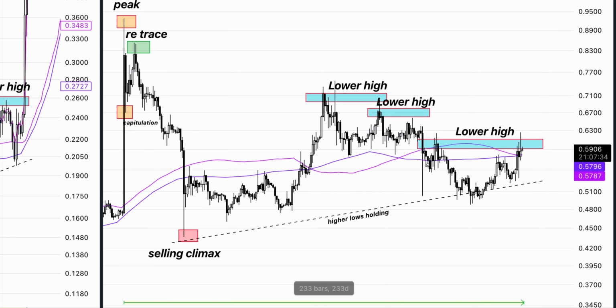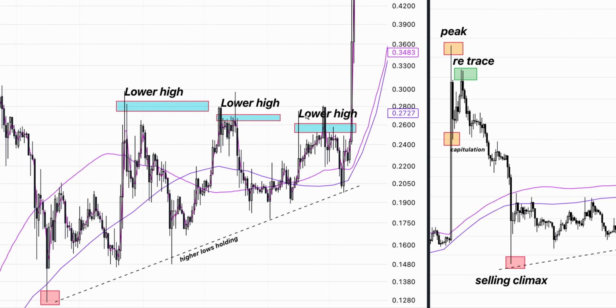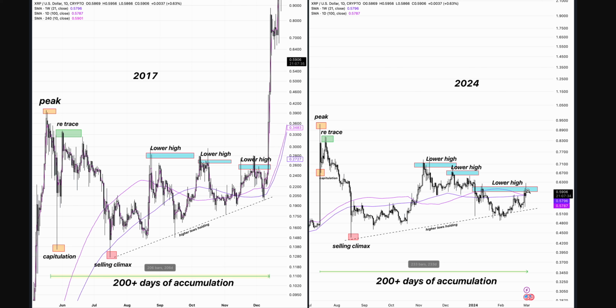You see how after your third lower high, we come down here and then rally back up towards it. So now we're bound to break above this. As soon as you have a closure above 63 cent, then that would be confirmation of go time.